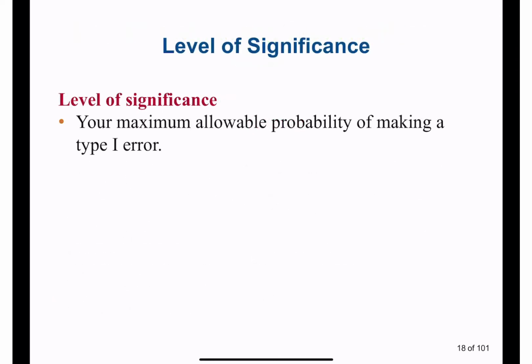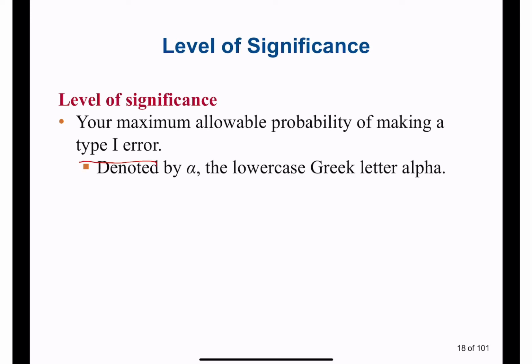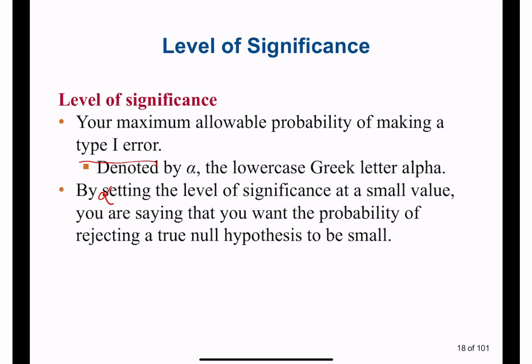Level of significance. How much can the level of significance be? Every product has its own level of significance allowed by the FDA. It is your maximum allowable probability of making type 1 error. We denote it by alpha. By setting the level of significance at a small value, you are saying that you want the probability of rejecting a true null hypothesis to be small.